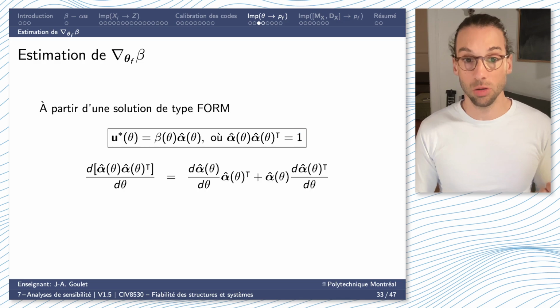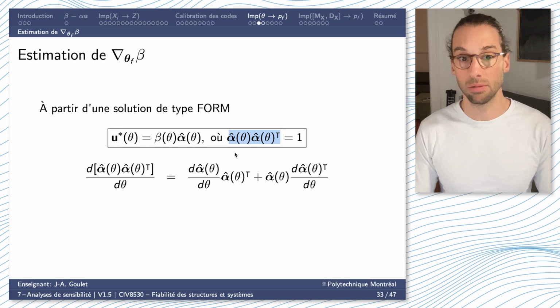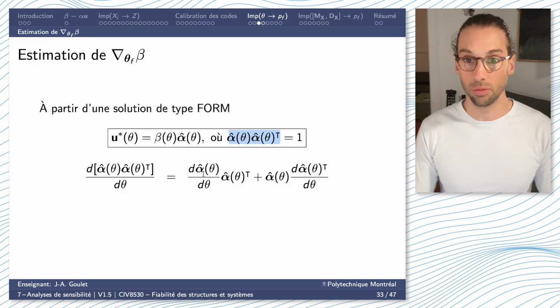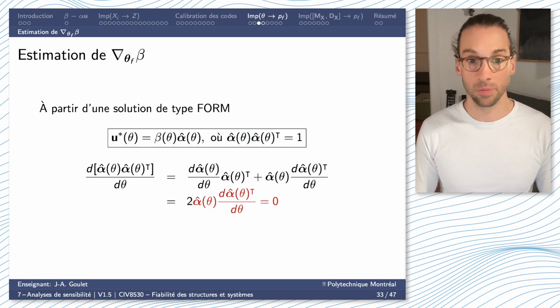And I'm going to use this to say, okay, I want to take the derivative of that alpha alpha transpose, because I know the derivative of a constant should be 0. So if I take the derivative of this with respect to theta, the simple rule of derivation will give me this formulation: derivative of alpha with respect to theta times alpha transpose, plus alpha times derivative of alpha. Perfect.